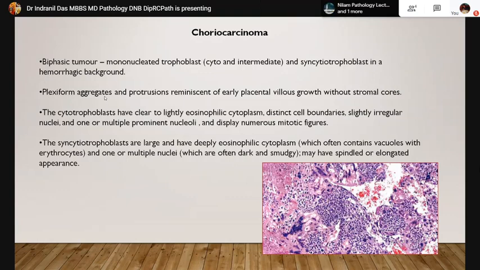The cytotrophoblasts have clear to lightly eosinophilic cytoplasm with distinct cell boundaries, slightly irregular nuclei, and one or more prominent nucleoli. And they display numerous mitotic figures.